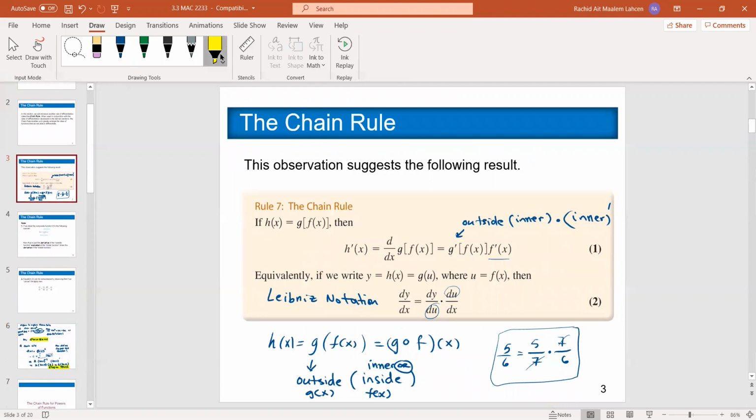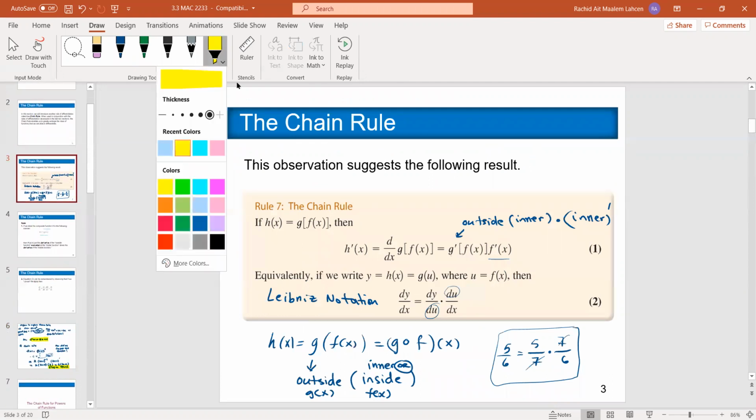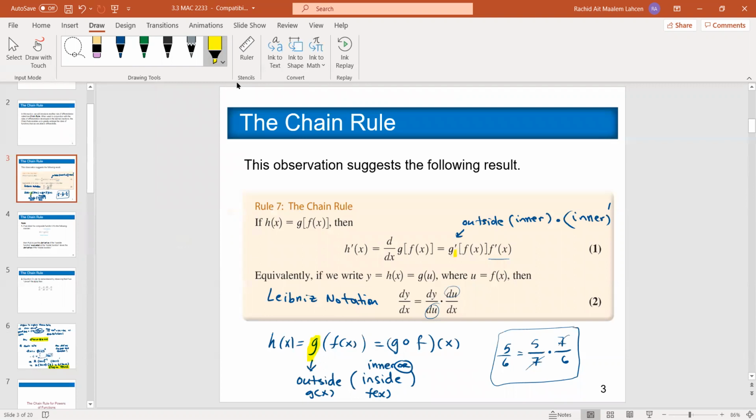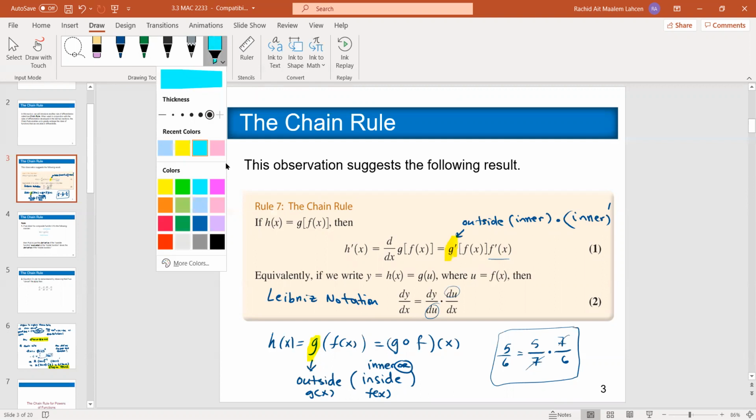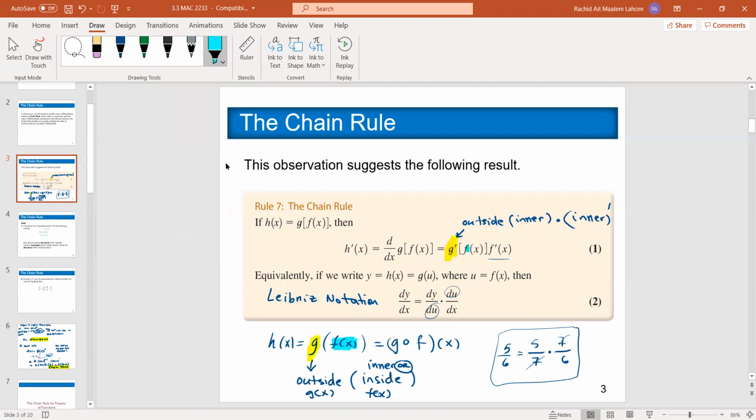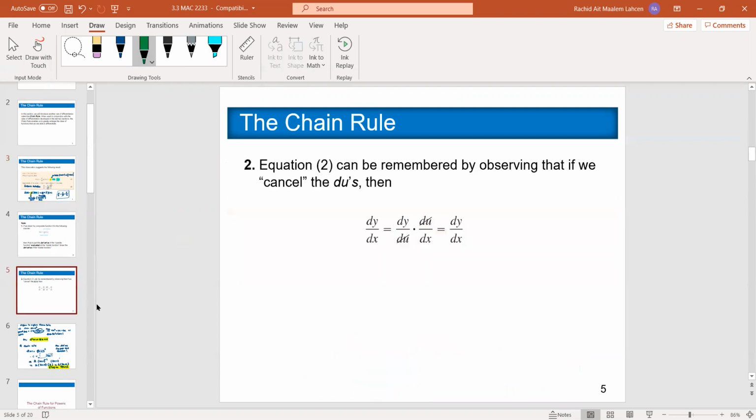So keep in mind, if this is the outside, then the derivative of the outside with f of x, this is the inside, it remains inside times the derivative of the inside. So the chain rule works from outside to inside. So we can write that note here.